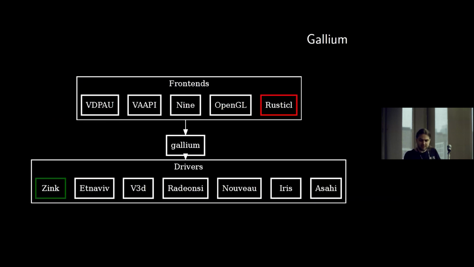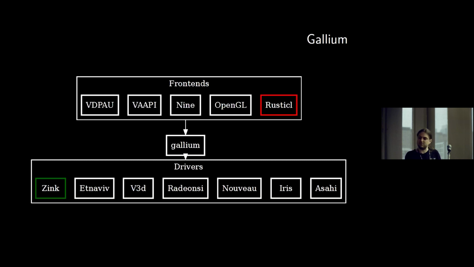So, how does it actually look? The part of Mesa which I'm actually caring about here is that we have a couple of front ends, like OpenGL, or VDPAU and VA-API, the video acceleration APIs.